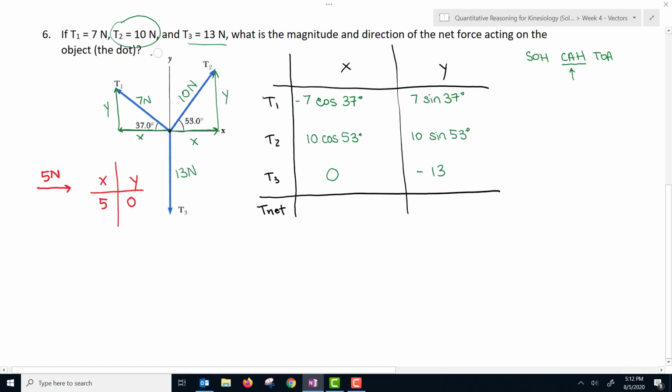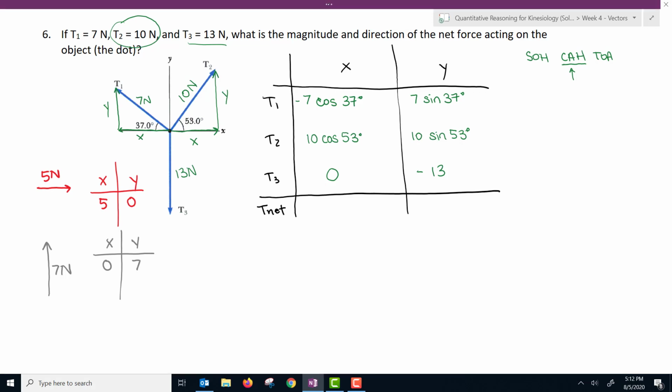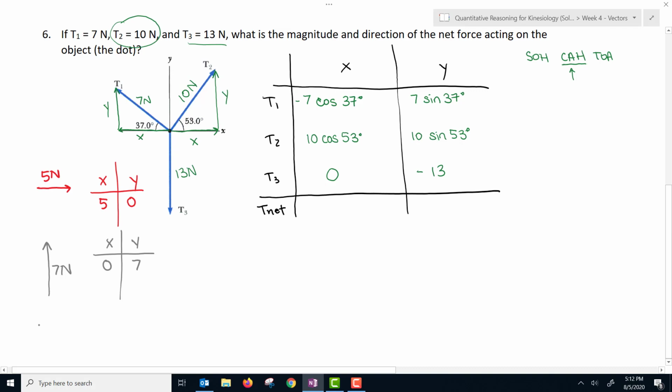What if we had a vector like this? X and y. The x component would be 0 because it doesn't point to the left or the right at all. And the y component would be positive 7. Okay, what if we had a vector like this?